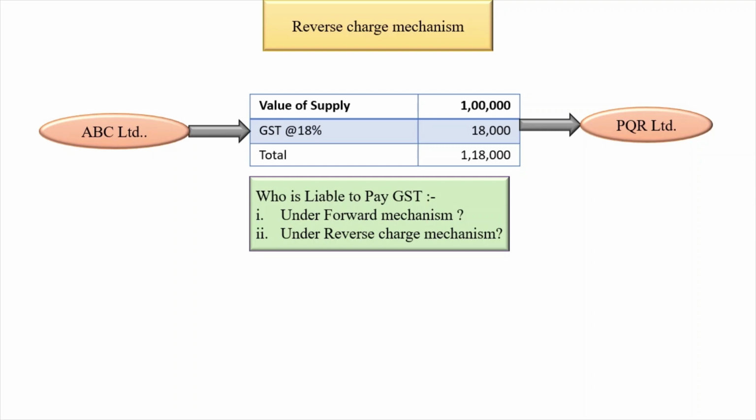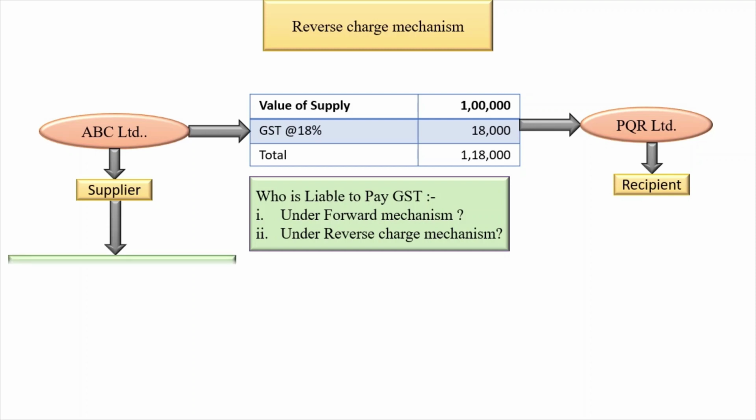So before you give the answer, you have to identify who is a supplier and who is recipient under this transaction. So answer of this question is ABC Limited is a supplier, whereas PQR Limited is a recipient.